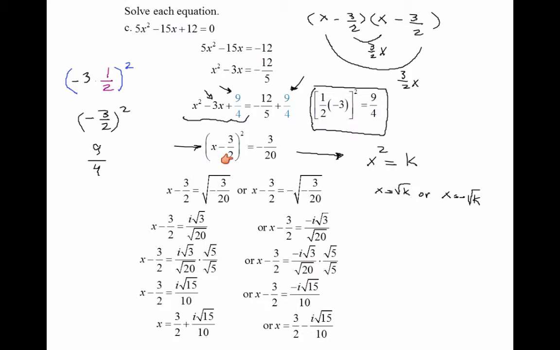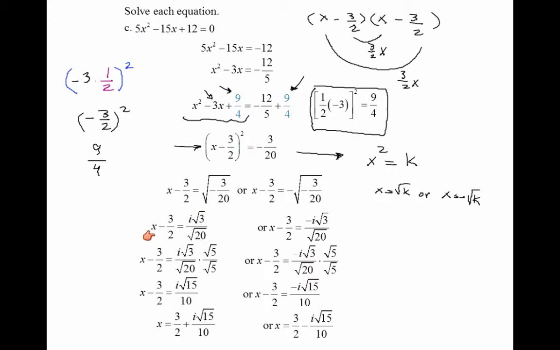So in this case, your k, or your x, is this expression, x minus 3 half. So you conclude that x minus 3 half must be equal to square root of this number, or x minus 3 half must be equal to minus square root of this number. To solve for x, you need to add 3 half to both sides of the equation.